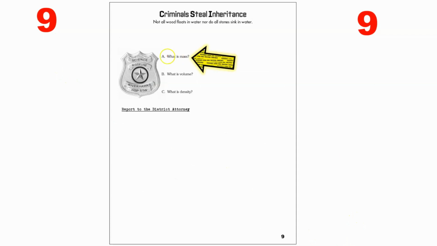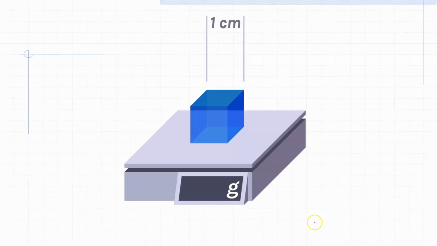Skipping to what is mass. Mass is how much matter, a measure of how much matter an object has. Specifically, matter is atoms. You'll have a study guide on this course that will look a little bit more detailed at the atom, not quite to the level your chemistry class will or has, but mass is essentially how much matter, how many particles.